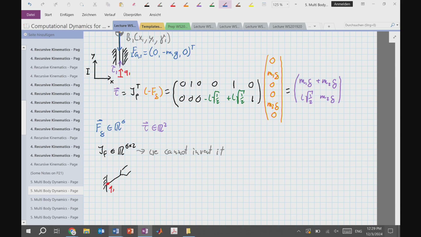Going from Q1 dot to my Cartesian velocities is simple, right? Because if I apply some Q1 dot, the system is going to move in this direction with a velocity of x.